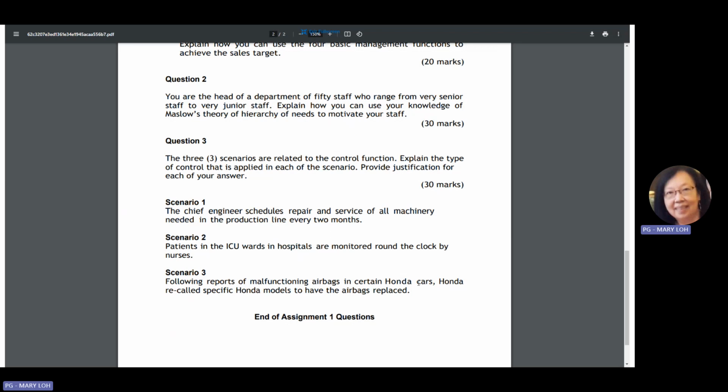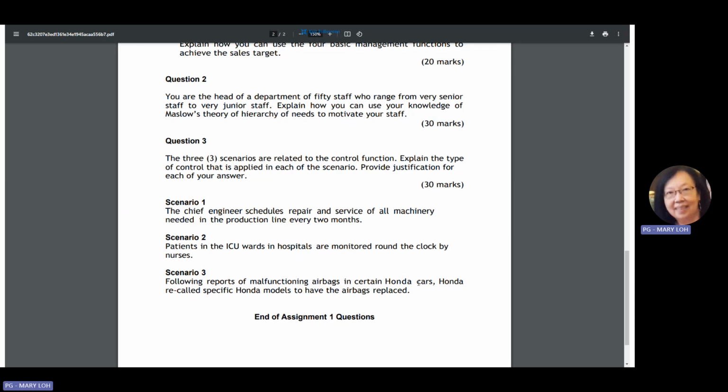Please bring your car back to the Honda service center. We will need to replace the airbag for you because they found a certain fault, a certain problem with the airbags. Because this happened when there was some kind of accident, right? I think it was in the Glenberry somewhere, I can't remember, but it was something like this, right?